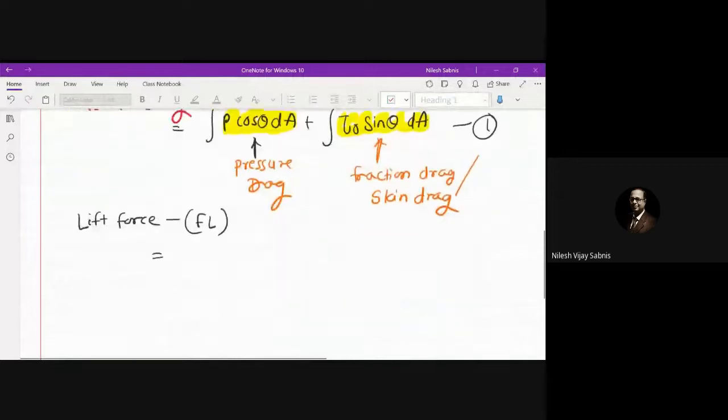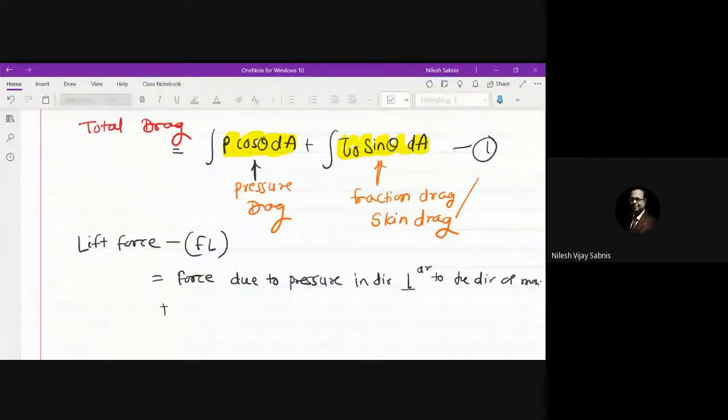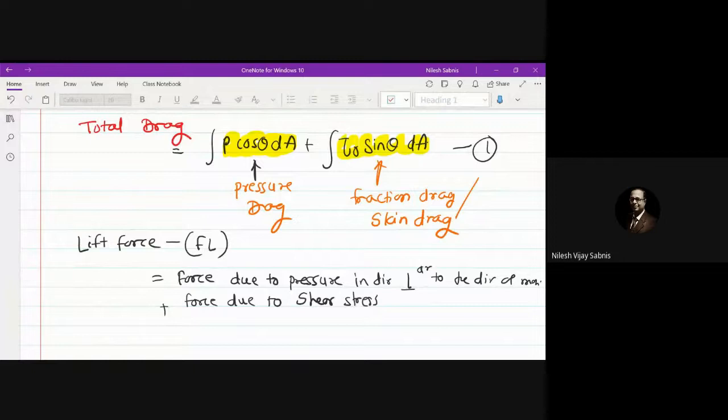Only the force due to pressure in the direction perpendicular to the direction of motion, plus force due to shear stress in the direction perpendicular to the direction of motion. All things remain the same. So what will the equation be?